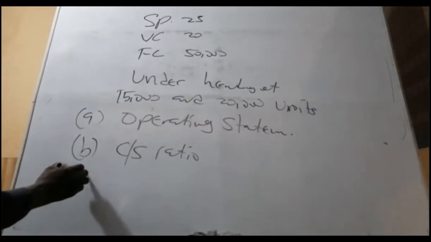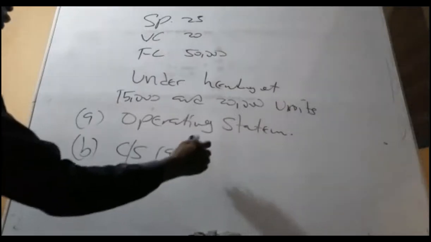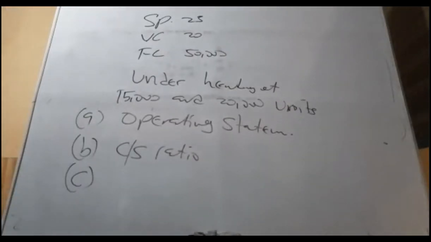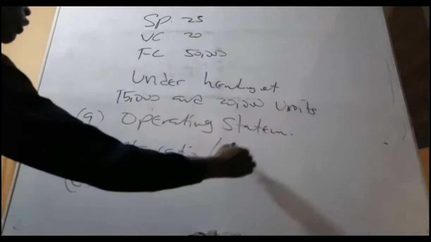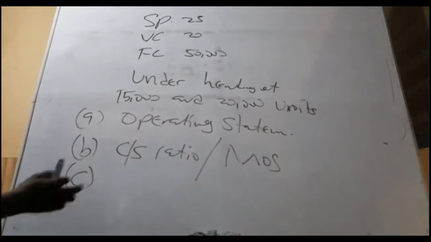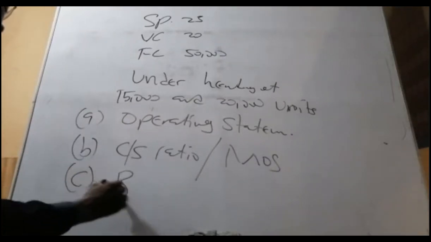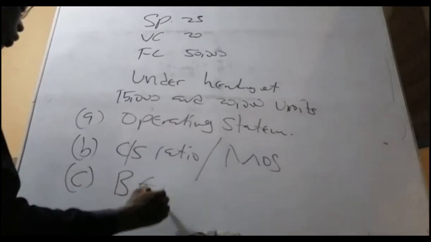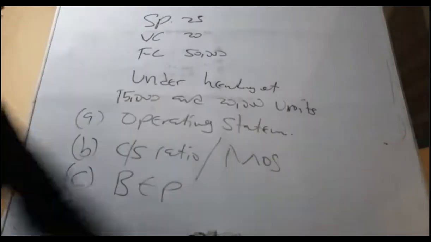And then C, again, the margin of safety. C, also producing the break-even point, under the heading of 15,000 and 20,000 units.